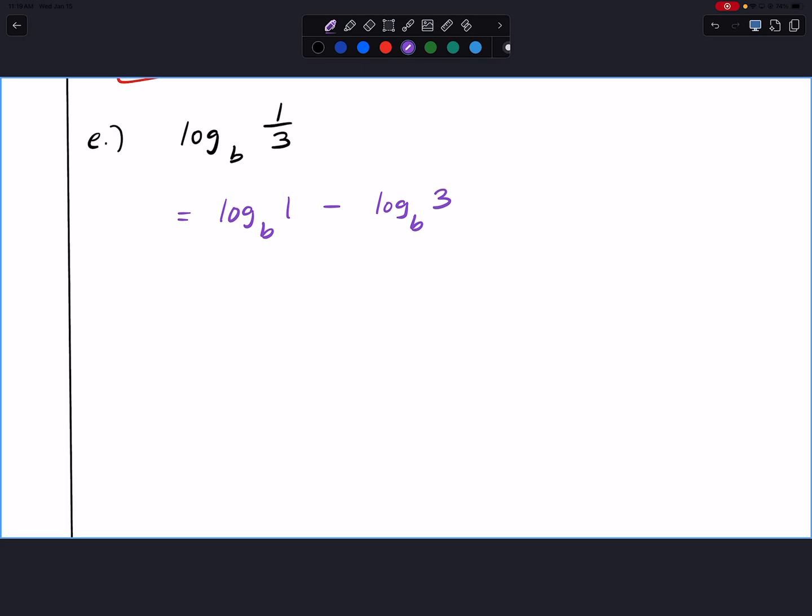Now question, is this one of the ones I gave you guys? But what is this? 0. Good, because b is just a base, right? What exponent always gives us an answer of 1? 0. So this is a tricky one because you guys might be like, what the heck? I don't know what that is. It's always 0 if it's 1. Okay, so this is going to be 0 minus the 0.5646, which is negative 0.5646.